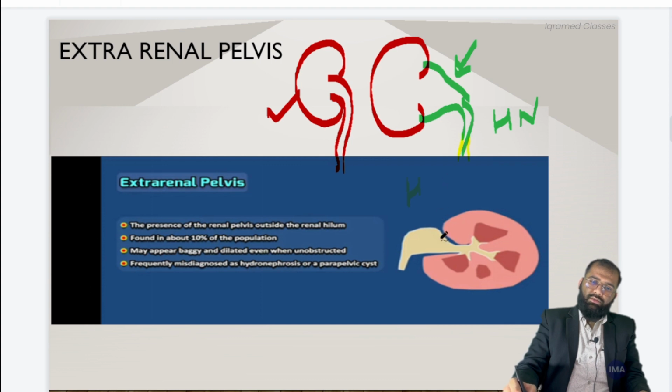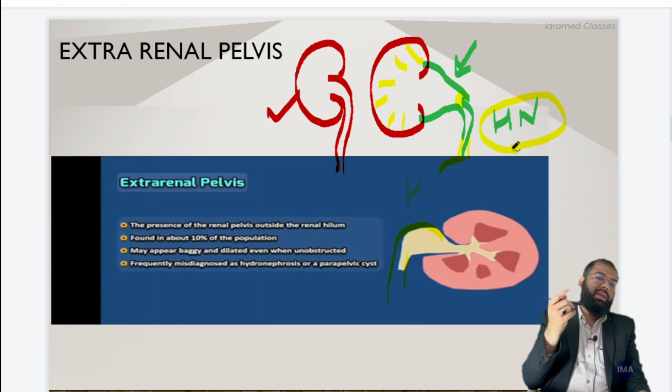If there is associated hydroureter also, then you might think yes, the patient has hydronephrosis. The second important thing you should look for is whether there is any obstruction. The third important thing is whether the calyceal system is dilated or not. If the calyceal system is also dilated, then there is hydronephrosis. And if the calyceal systems are not dilated, then you should think that this can be an extrarenal pelvis.